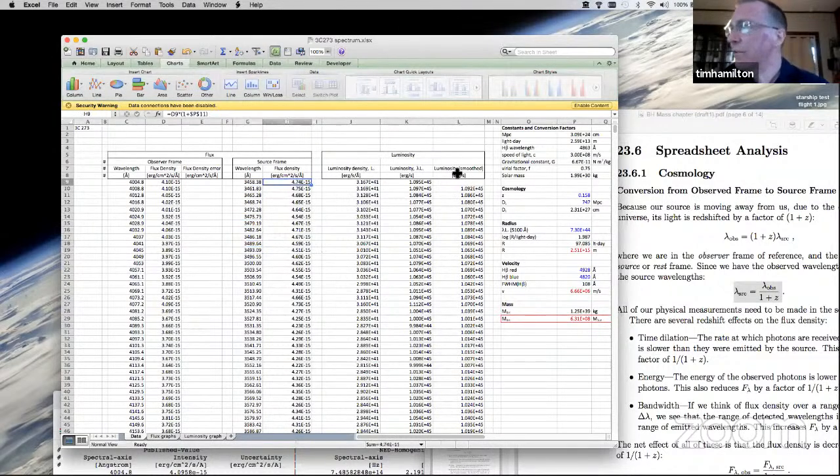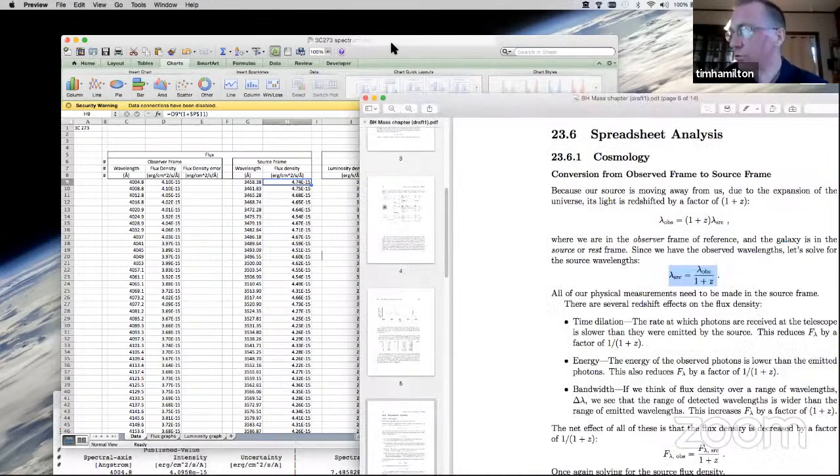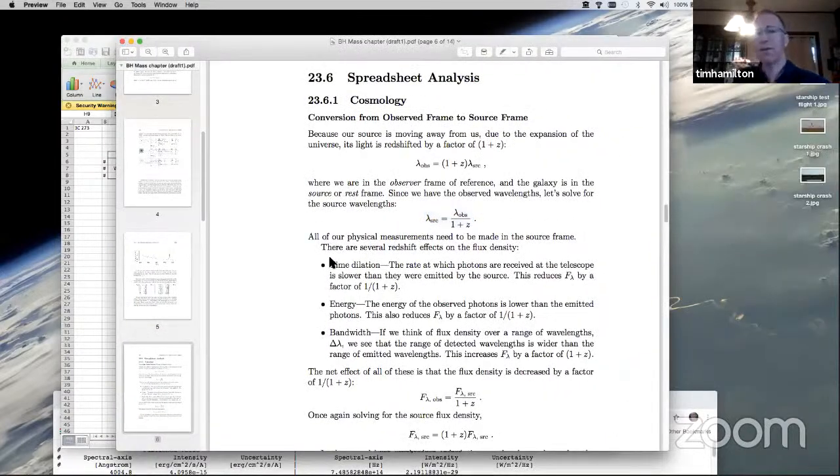Now, for the flux density, we have to do a conversion as well. But there are three effects that affect the flux density. There's time dilation, so the rate at which we receive the photons is slower than at which they were emitted. This reduces the flux by a factor of 1 over 1 plus z. The energy is lower as well, so that reduces it by 1 over 1 plus z as well. But then the bandwidth is wider.